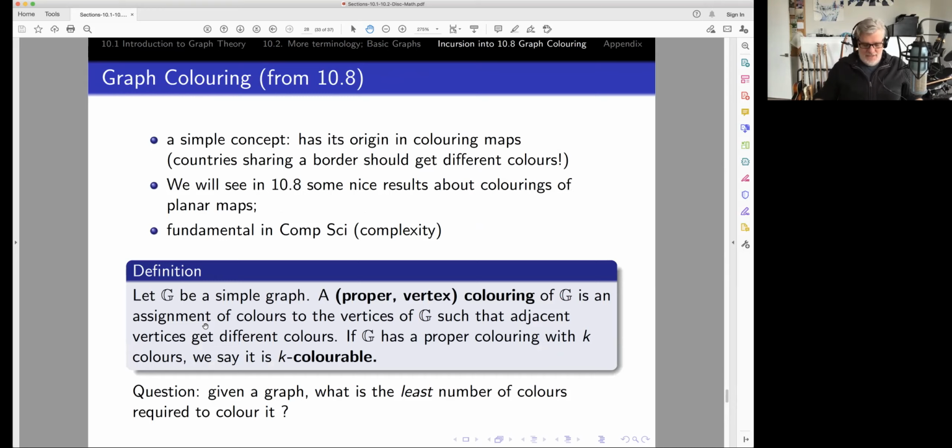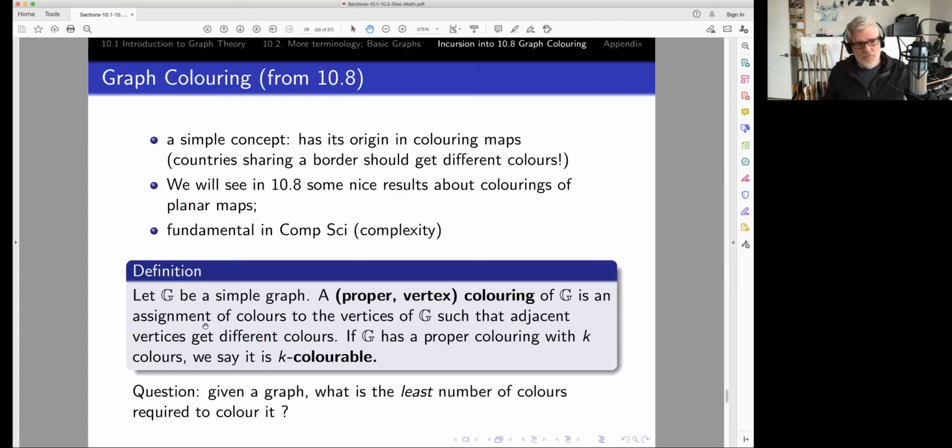So strangely enough, this came from a puzzle that I think I will have time to talk about, which has to do with coloring maps. So in the 19th century, if you have a map with countries, to make it easier to read, you'd like to assign different colors to countries which have a common border, right? So it'll make the map easier to read.